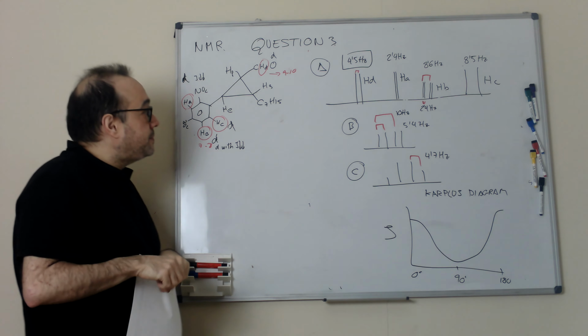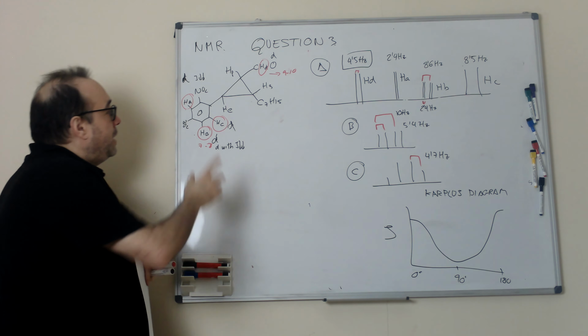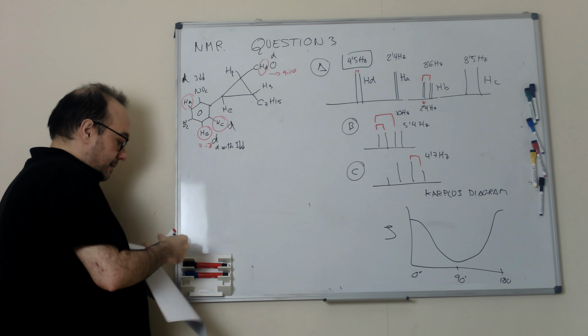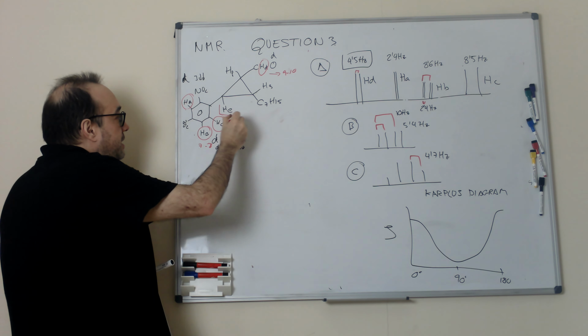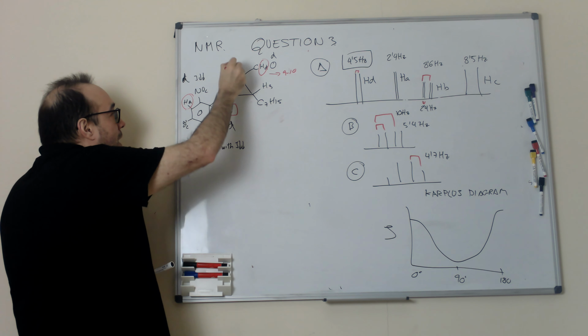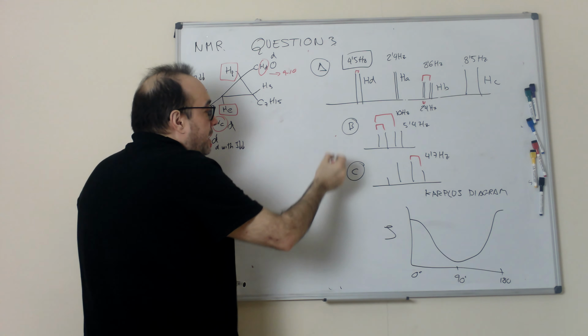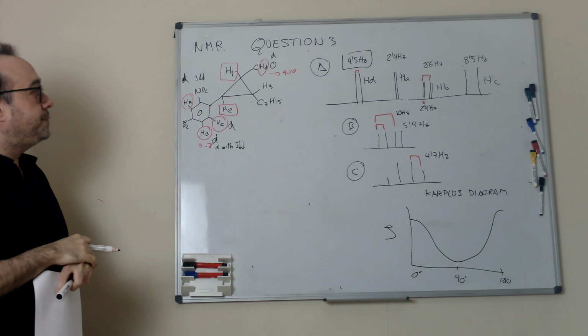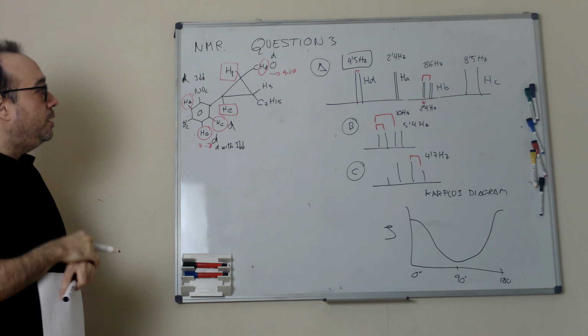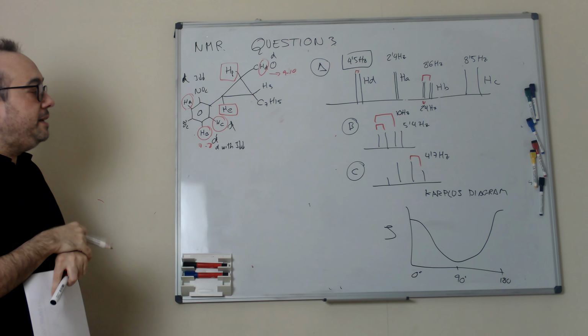Okay, then we will analyze these two signals that are HE and HF. Why? Because they are the two signals that correspond to B and C. Why do they correspond to B and C?